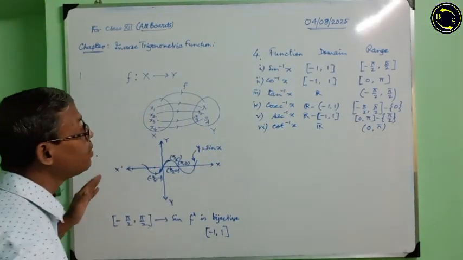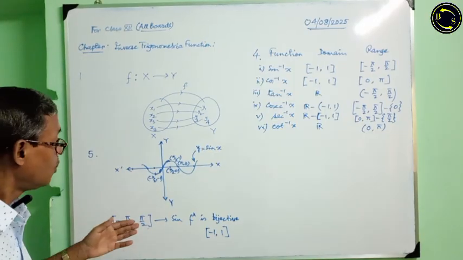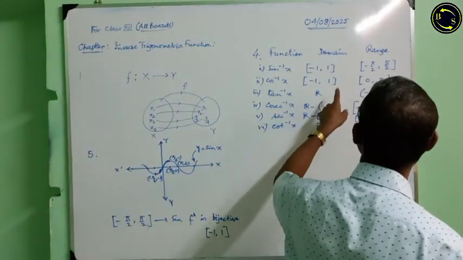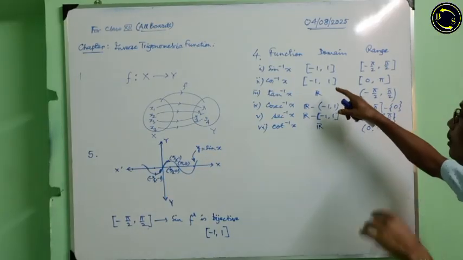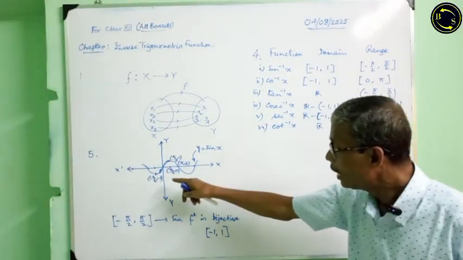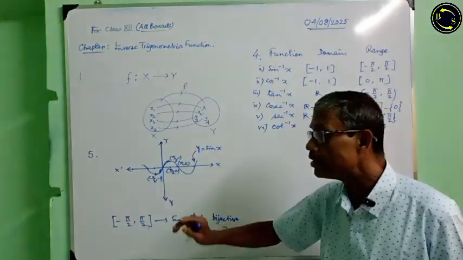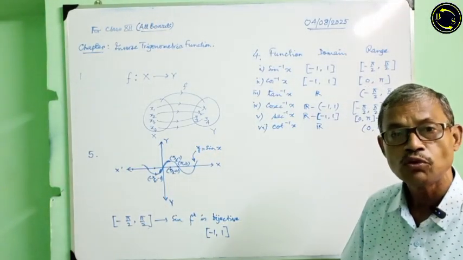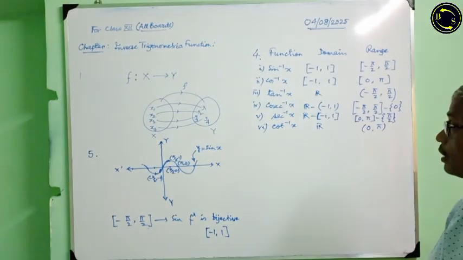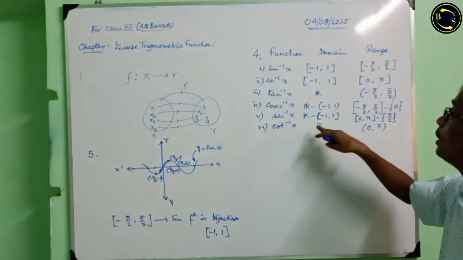Now keeping this idea, we take this as principal, as per the graph, this part is taken to be the principal value branch, and we can also discuss for other trigonometric functions.